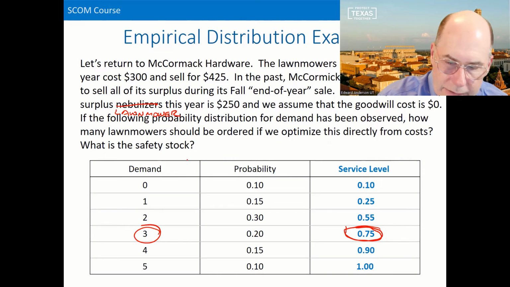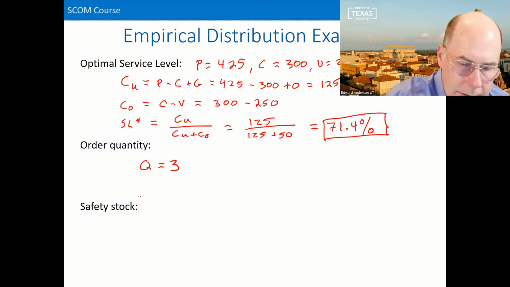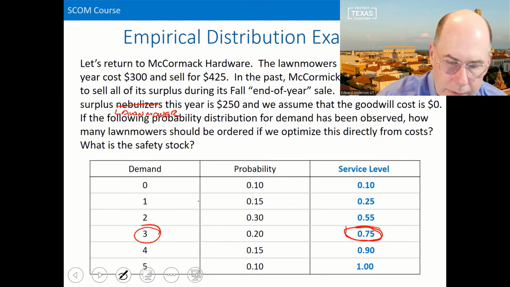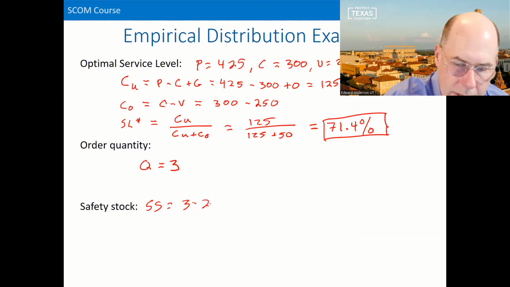And that means our safety stock is going to be 3 minus 2 equals 1.